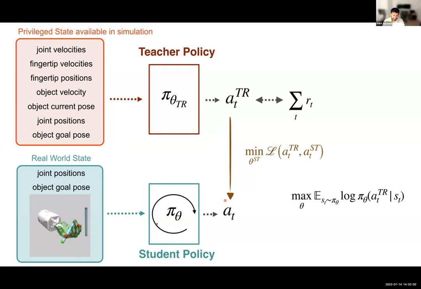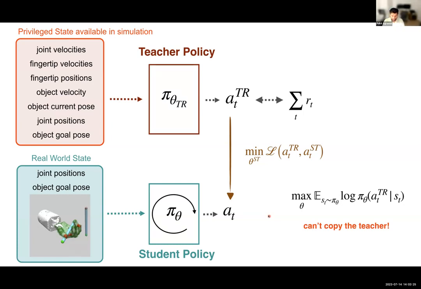The problem is that if you just get sparse readings of touch, you may not even be able to estimate the pose of the object. And if you don't know what the pose of the object currently is, it's hard to come up with a sequence of actions to reorient the object. So it may not be possible to directly copy the teacher.